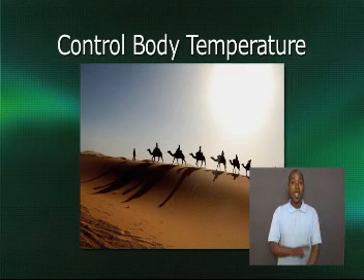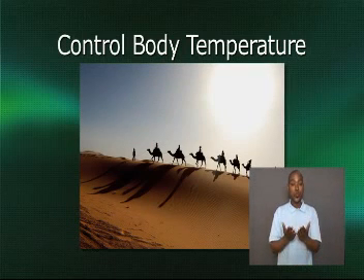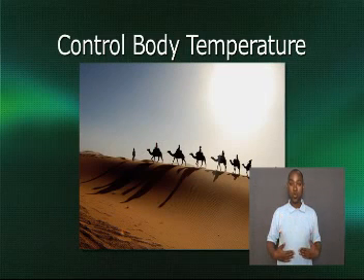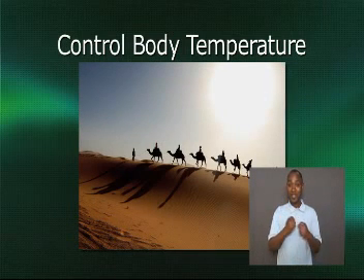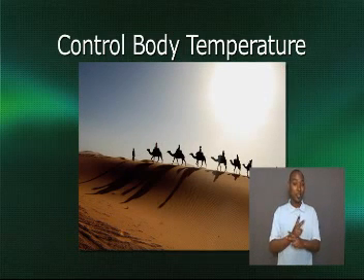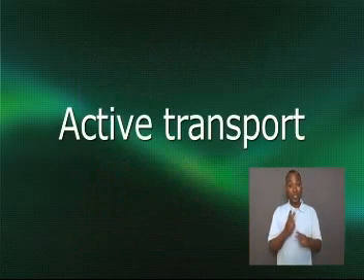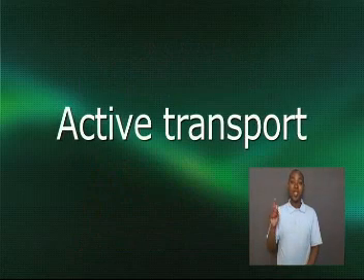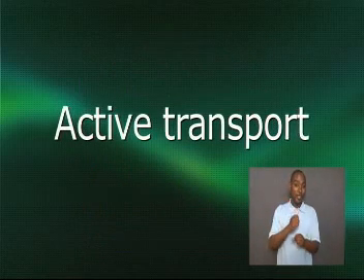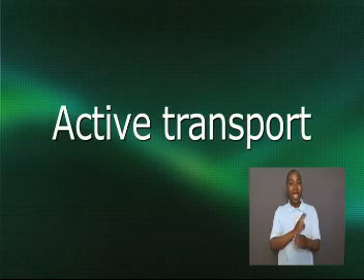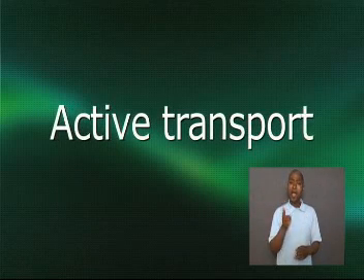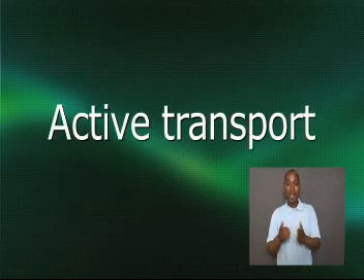Energy is required to maintain the body warmth on cold days and to sweat and keep the body cool on hot days. ATP also provides energy for the active transport of certain materials across cell boundaries.